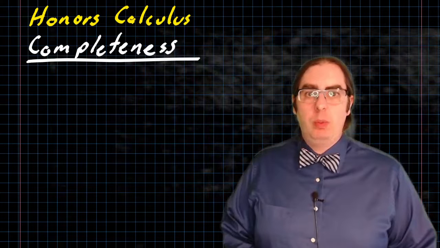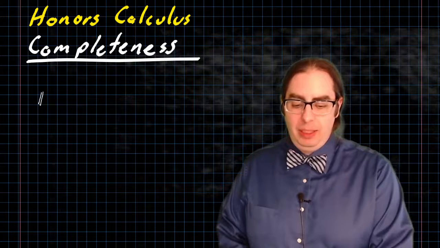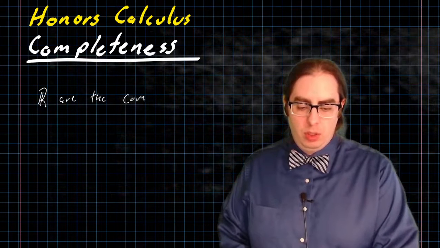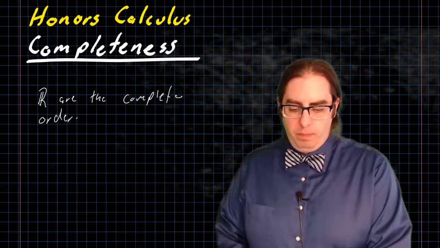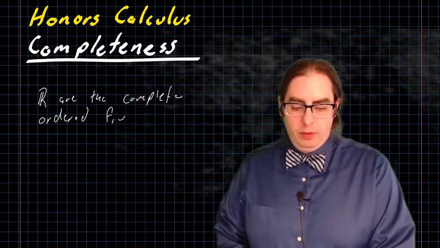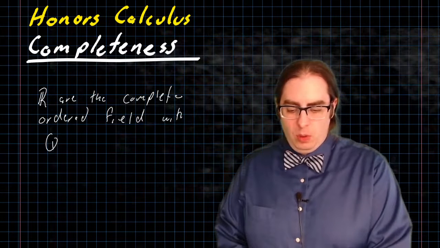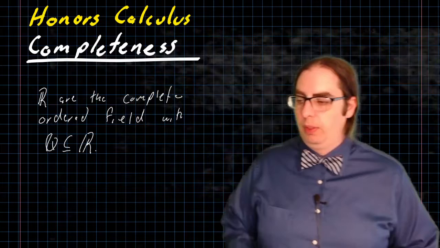You may remember that when we were looking at sets of numbers, I defined the real numbers as a complete ordered field with the rational numbers a subset of the real numbers.